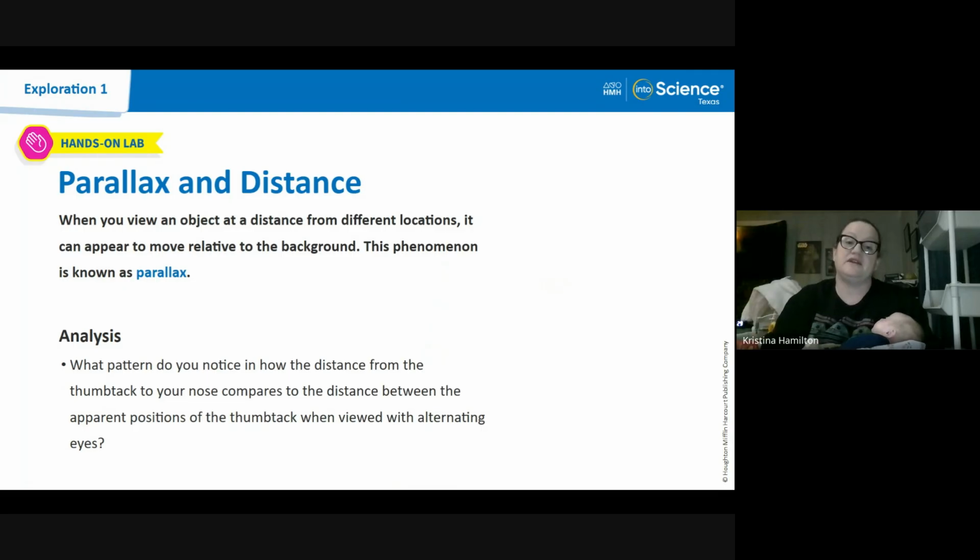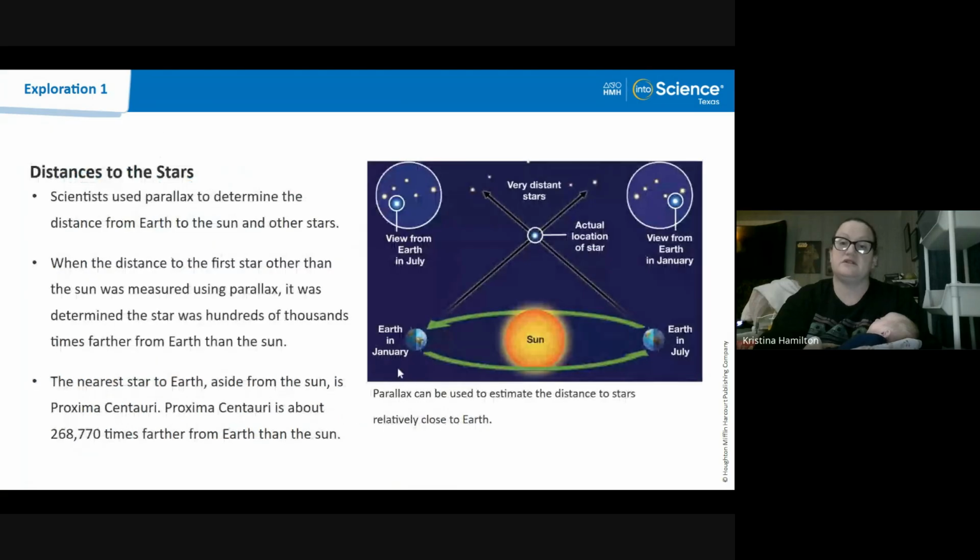So what pattern do we notice with how the distance is? Well, the further away it is, the less change in view, compared to the closer it is, the more change in view. So scientists use parallax to determine this distance from Earth to the sun and other stars.